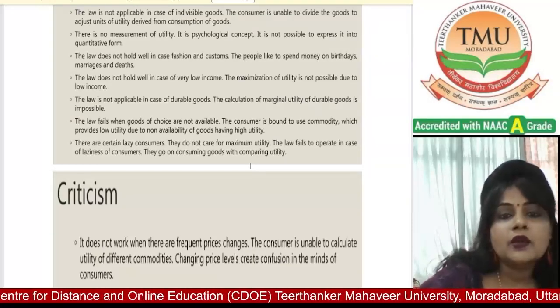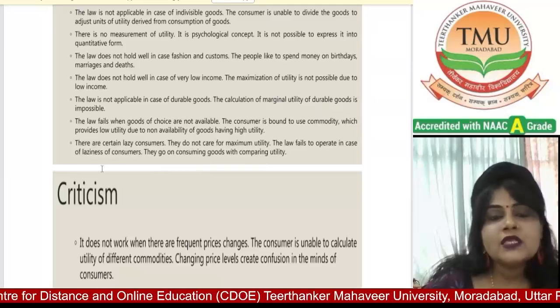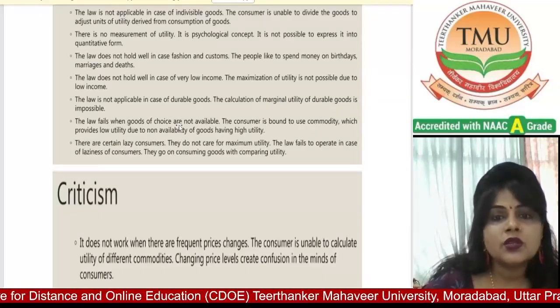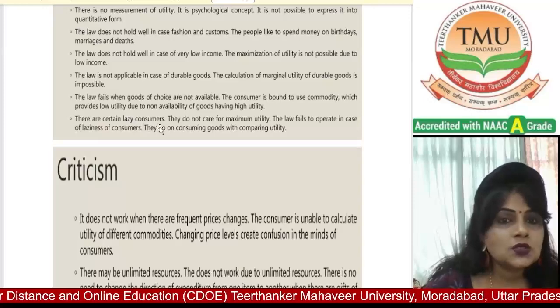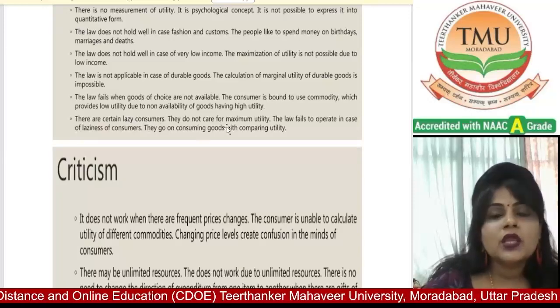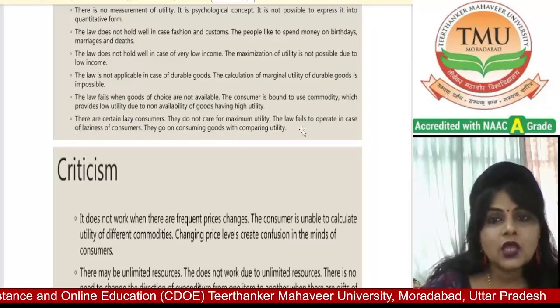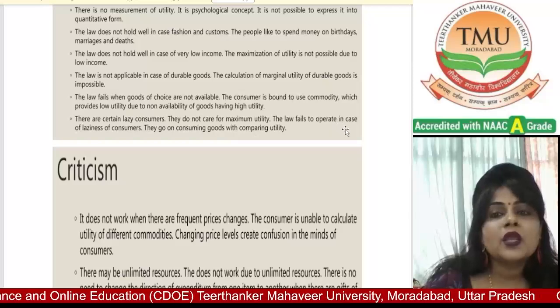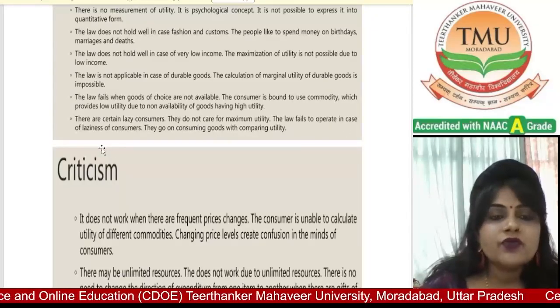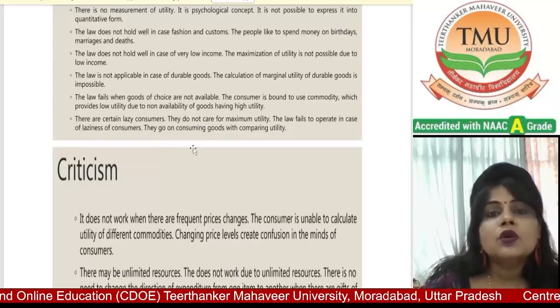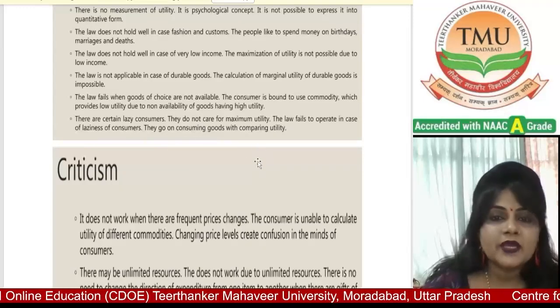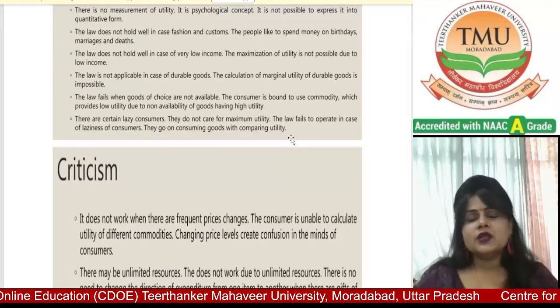And next, the law fails in the case of lazy consumers. There are certain lazy consumers. They do not care for maximum utility. The law fails to operate in case of laziness of consumers. They go on consuming goods without comparing utility.